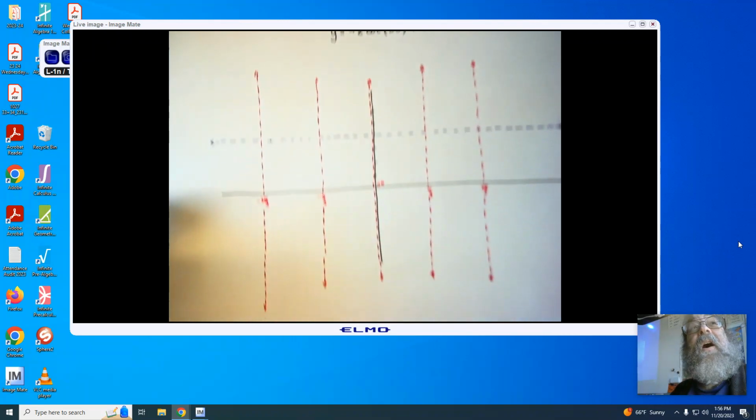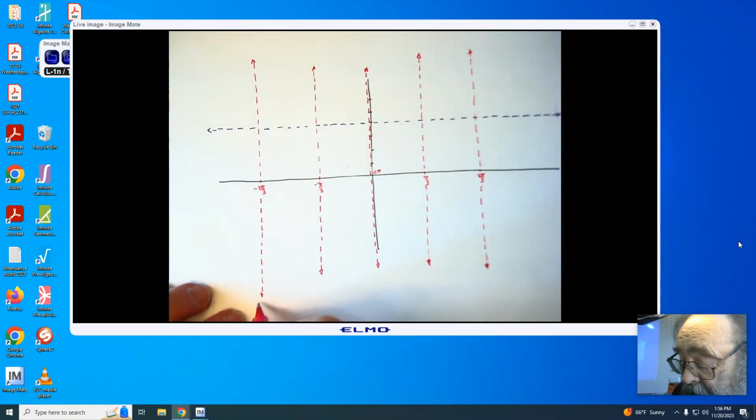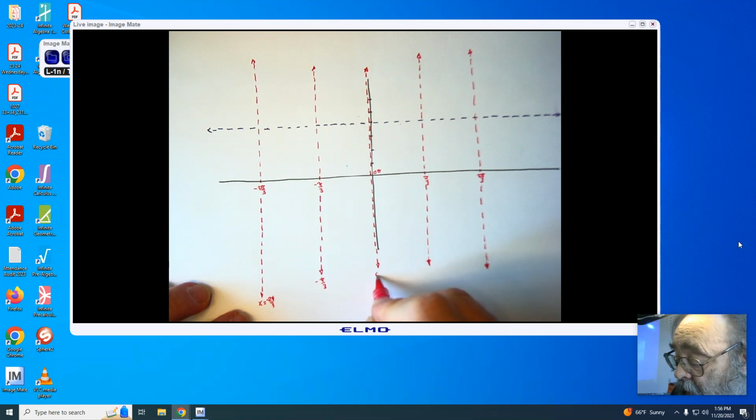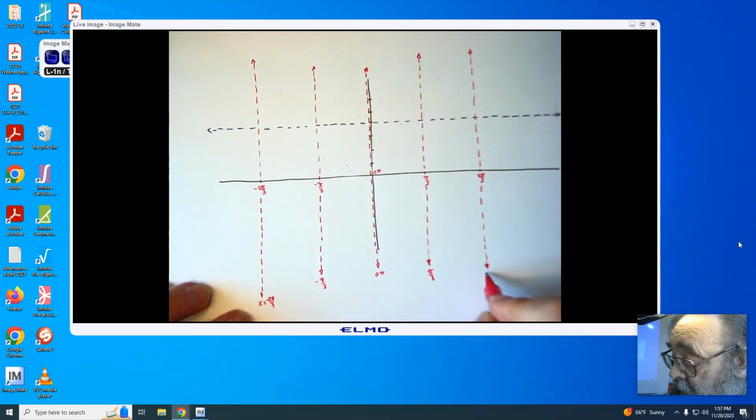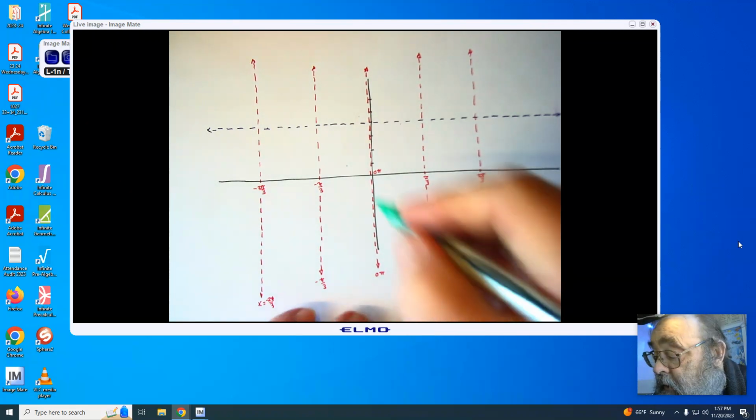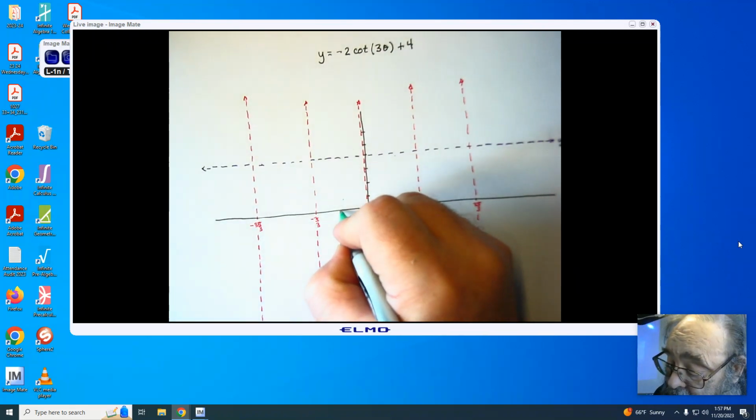Now I'm going to identify all of these asymptotes. So x equals negative 2 pi over 3, negative pi over 3, 0, pi over 3, 2 pi over 3. Alrighty, we're now going to go ahead and start plotting some points. In order to do that, we've got to take the middle.